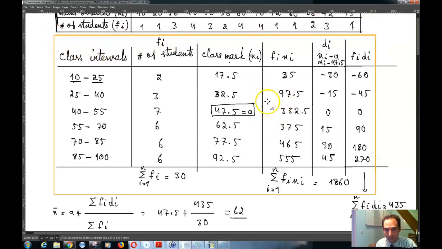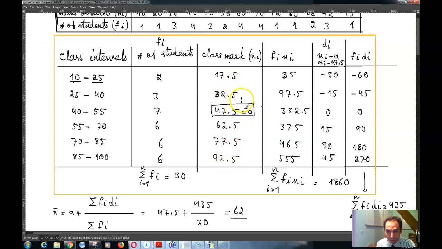Okay, so now in this table, our x of i's are over here. The x of i's that you have are 17.5, 32.5, 47.5, and so on.